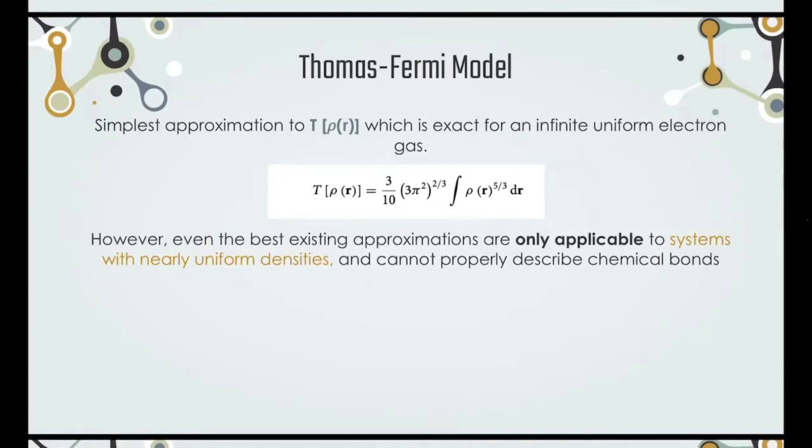However, even the best existing approximations are only applicable to systems that are uniform in their densities and cannot describe chemical bonds properly. So basically, this is another example of why density functional theory had to be made, because there were no exact calculations that would give you the information that you want to get.